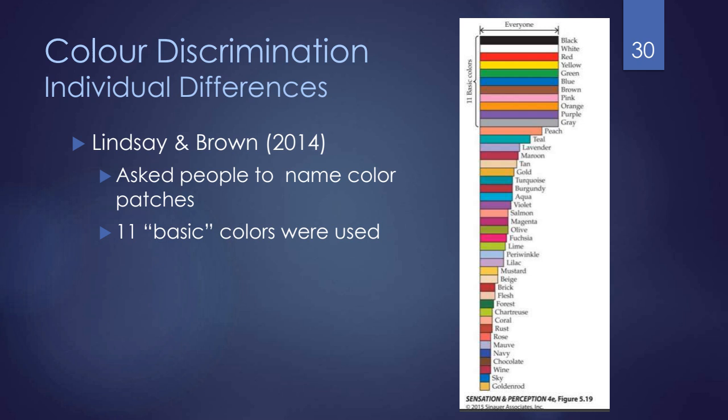And what they found was that basically everyone in the study used these 11 basic colors. So you show someone a black, a white, red, yellow, green, blue, brown, pink, orange, purple, and gray, and pretty much everybody would label these color swatches in the same way.